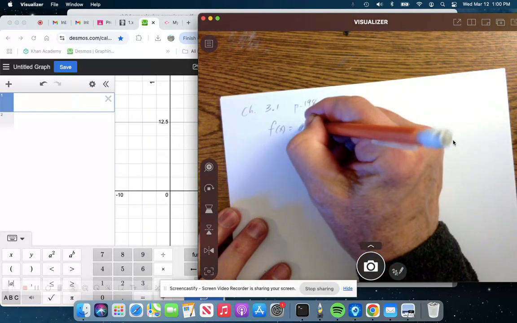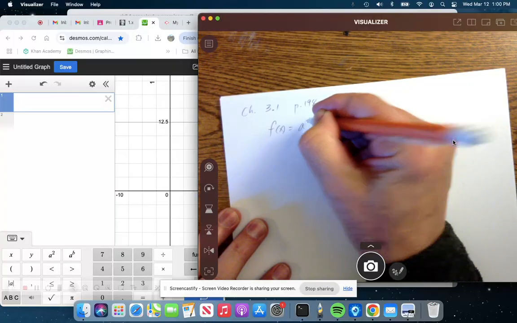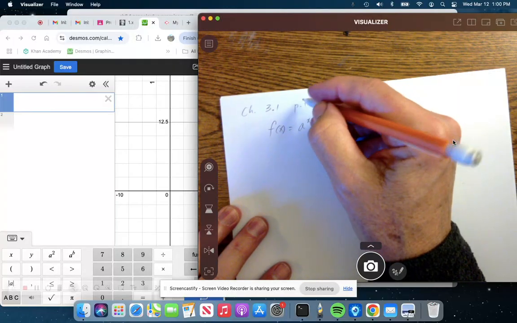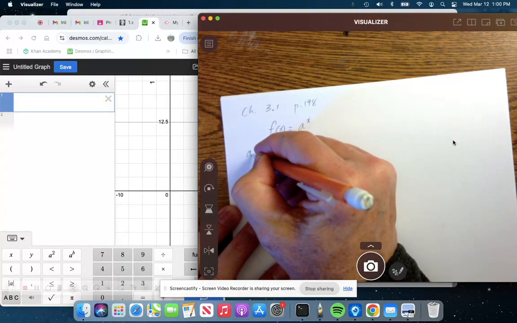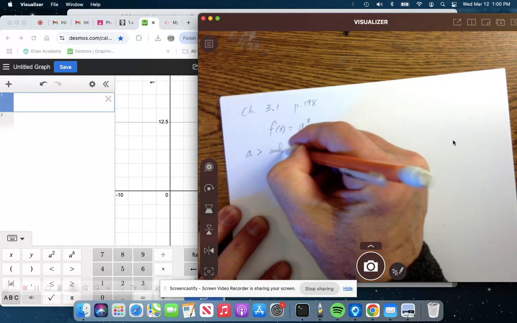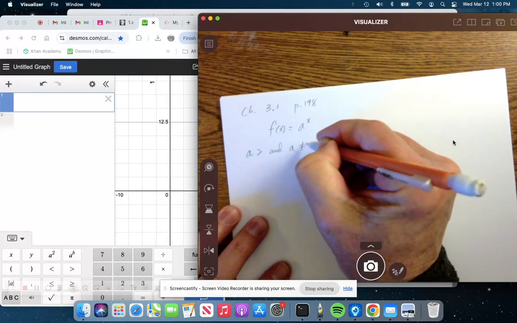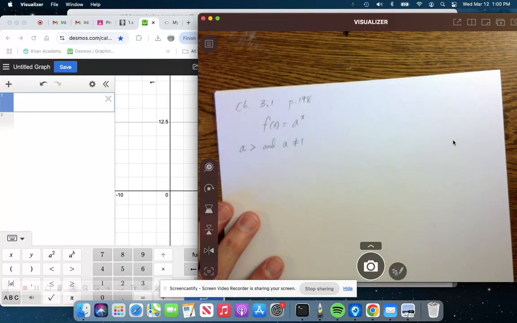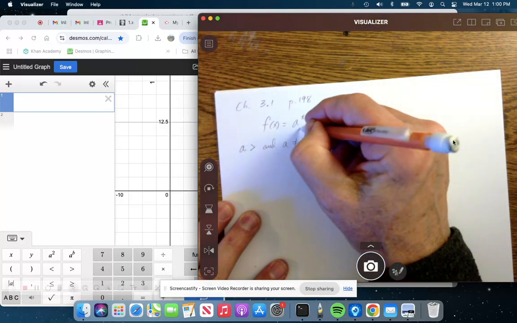f of x equals a to the x, and a is greater than 0, and a cannot equal 1. And a is called the base, right? So this is your base.